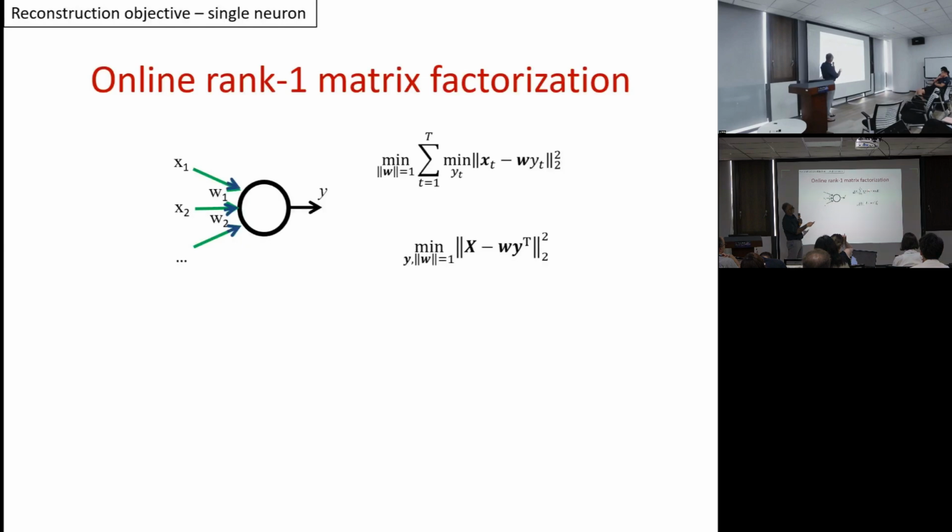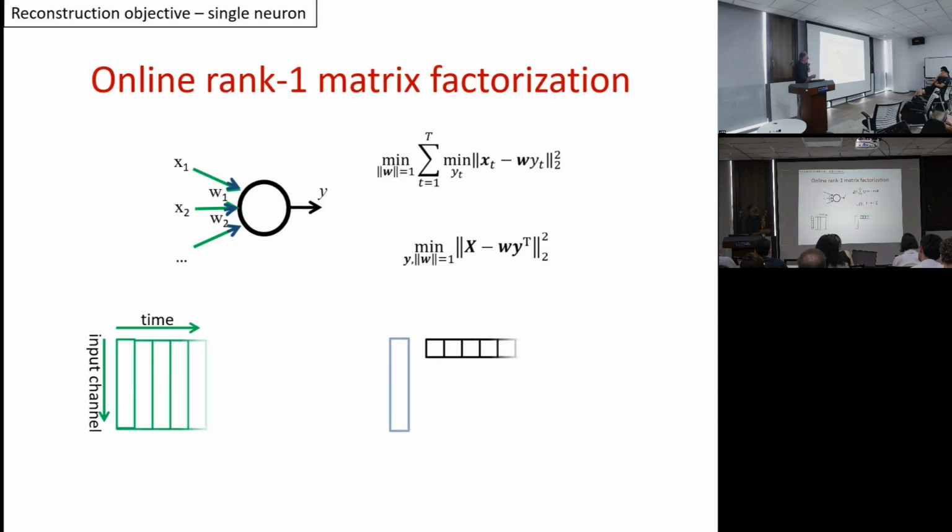We'll take all the data vectors xt that came in at different times and stack them together to form a big matrix X. Then you can write this objective as a rank 1 factorization of X, where X is written as a product of the weight vector times the row vector, which is yt. That's just PCA, the same thing you know about. I just want to show how it works in real time.